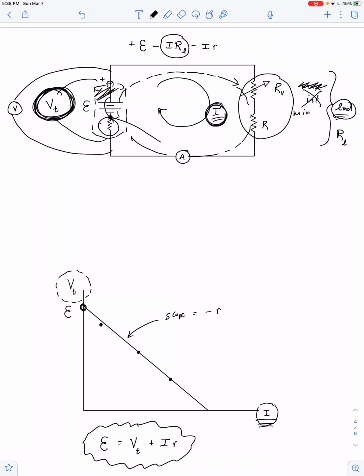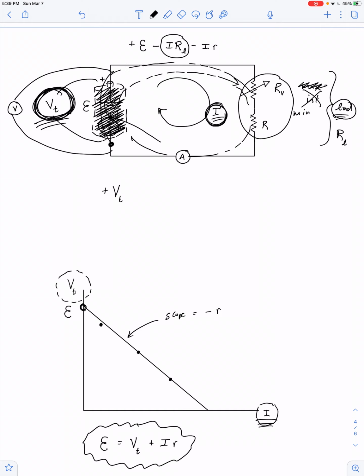We can say we're kind of blind to what's internal to the battery. All we know is it has some terminal voltage to it. So again, if we apply Kirchhoff's loop rule and we pick this as the point that we start at and finish at, then the first thing we encounter, we go across the battery. So we gain a potential difference that represents the voltage across the terminals of the battery.